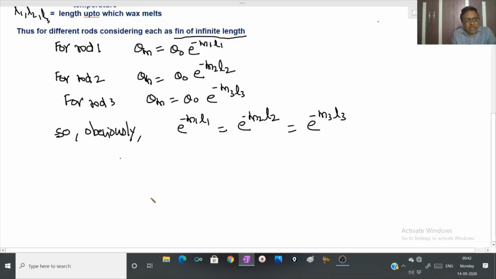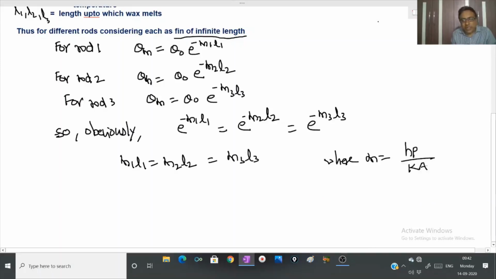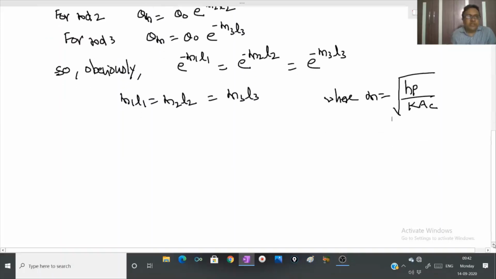Or I can also write it as m1 L1 is equal to m2 L2 is equal to m3 L3, where m is a constant given as the square root of hP over K Ac, where h is the convective heat transfer coefficient of the surrounding fluid, P is the perimeter of the rod, K is its thermal conductivity, and Ac is the cross-sectional area.